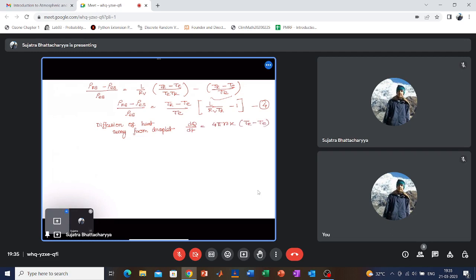Because whatever the temperature difference is, suppose this is the droplet, here the temperature is Tr and here it is Te, so whatever the difference in between, that will release the heat from the surface to the ambient vapor field, where r is the radius of curvature of the droplet and k is the coefficient of thermal conductivity. But this is the conductivity kind of equation, conduction equation, thermal conductivity.